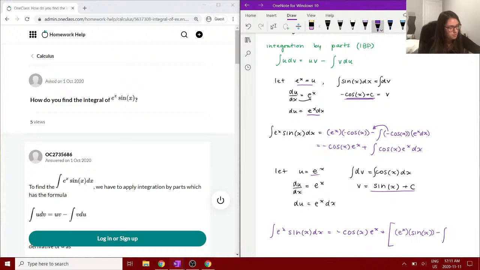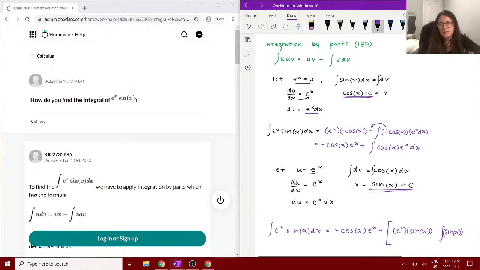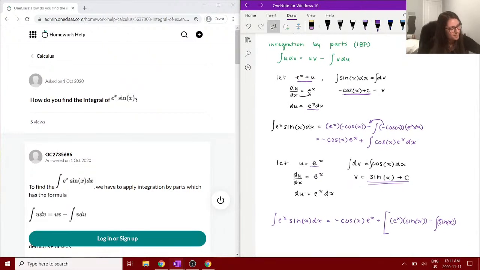That's up to you. And then the integral of v, that's the sine x, times du. Okay, du was e to the x dx. All right, close that big bracket there.